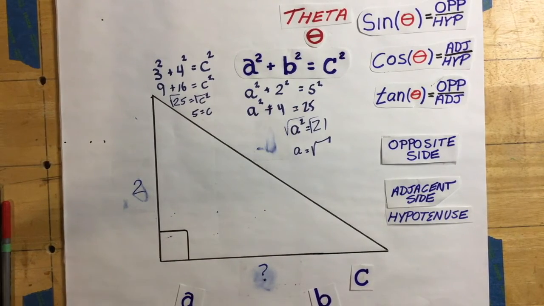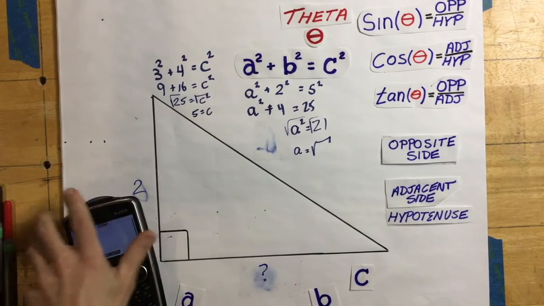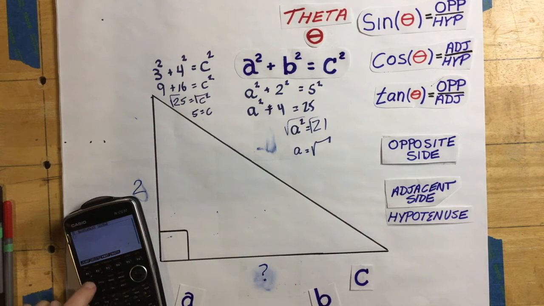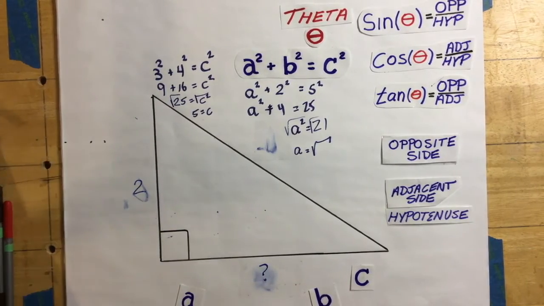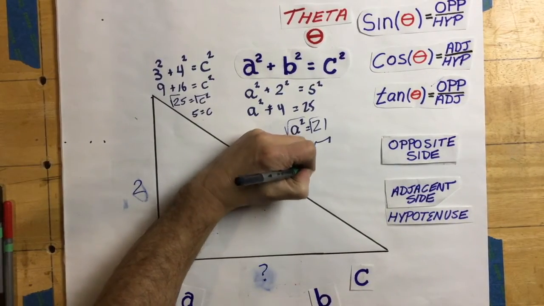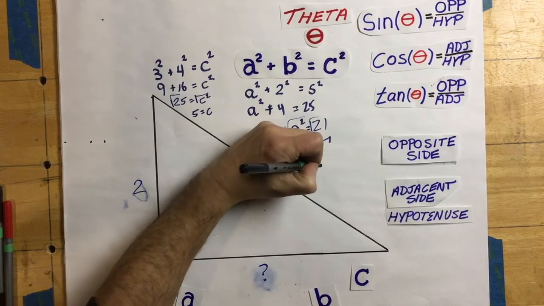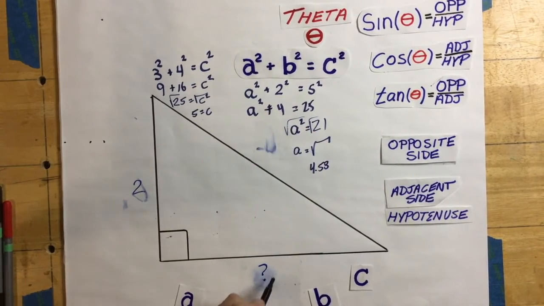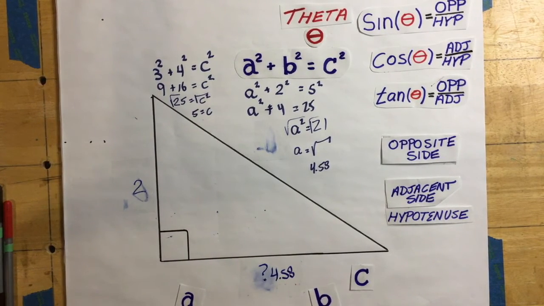And my guys know I do not accept anything except a decimal answer, because that's how physics guys roll. So 4.58 is how far I have these guys take it. So 4.58 will be the length of this side right here. So that's Pythagorean. Mainly used when you know 2 out of 3 sides.